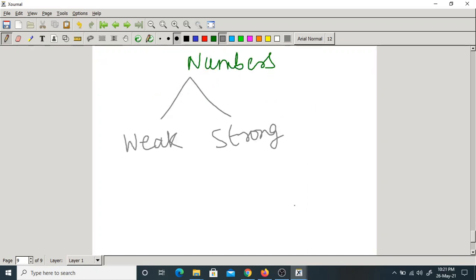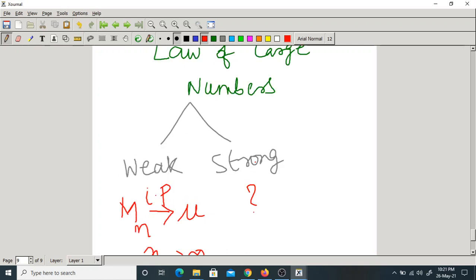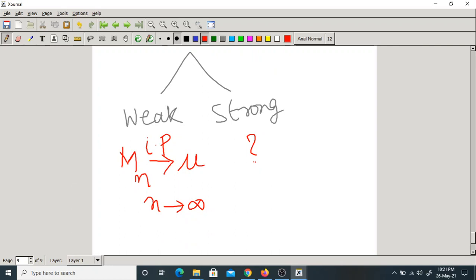We have discussed the weak law of large numbers, what it says: Mn, the sample mean, converges to the true mean in probability when n tends to infinity. Now what about the strong law of large numbers? It is also the same, but it uses some other probability laws. Okay, let us see what the strong law of large numbers is. You remember this? We mentioned it in the last class.